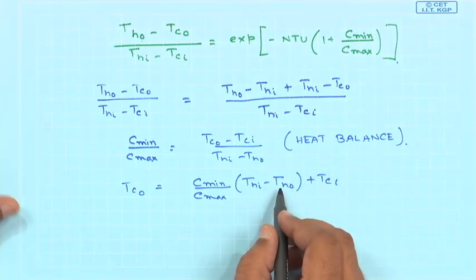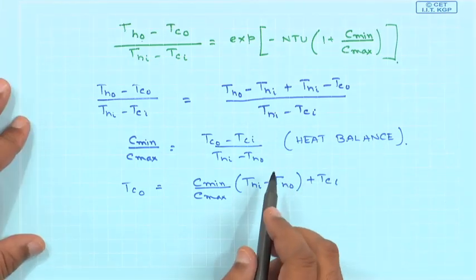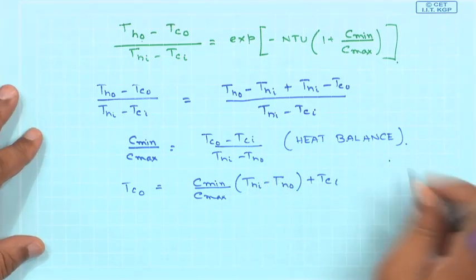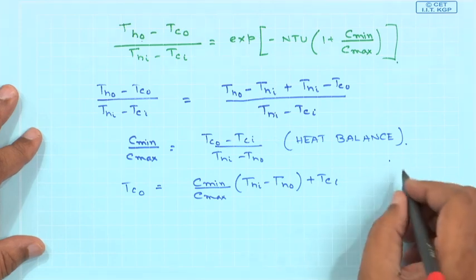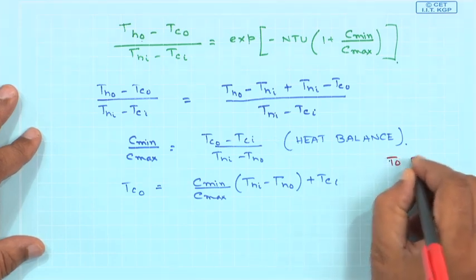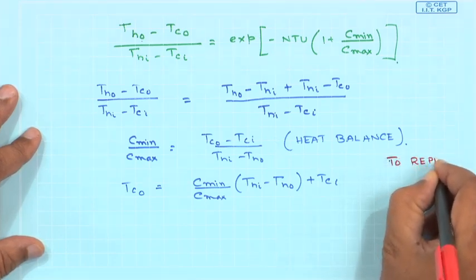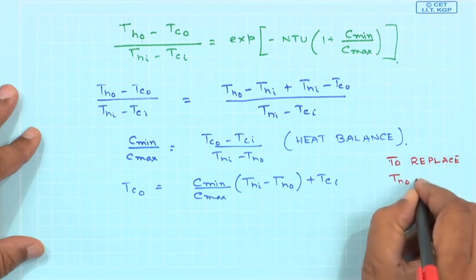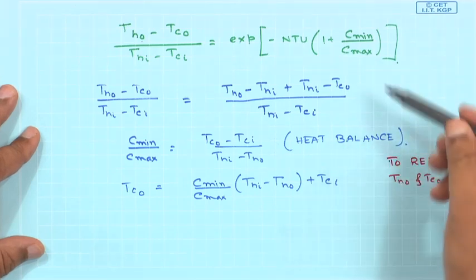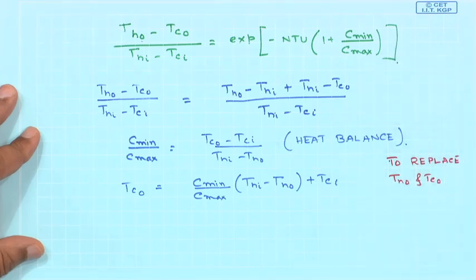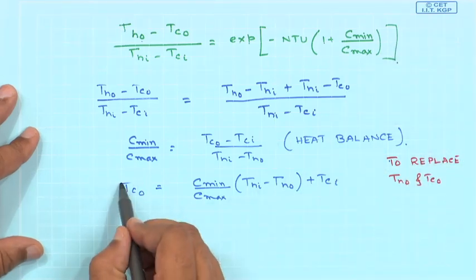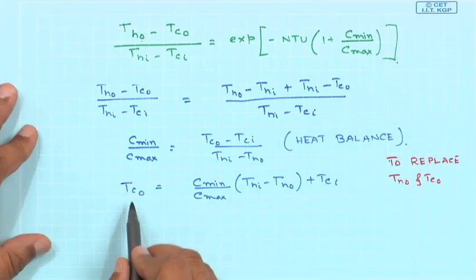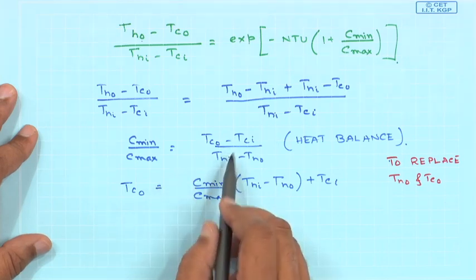So the idea is to replace THO and TCO in this expression. The first expression for TCO which I have obtained is from a heat balance.